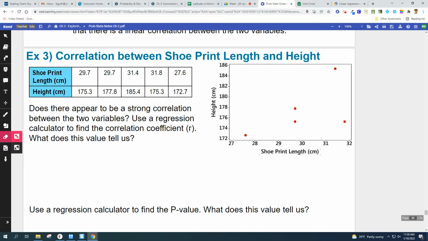So you've got this table of shoe print length and height. It's talking about the length of somebody's foot compared to their height. Does there appear to be a strong correlation between the two variables? Well, doesn't appear to be.